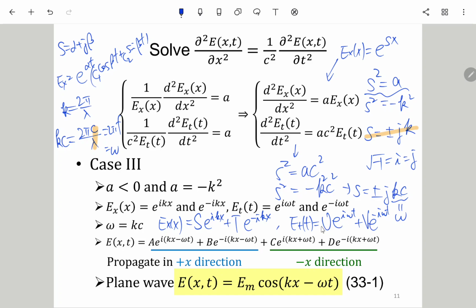Okay, and then if you still remember at the beginning, we assume that this E of x,t to be E_x times E_t.